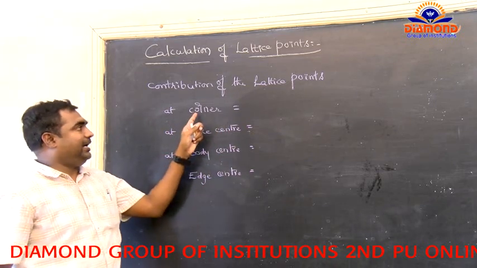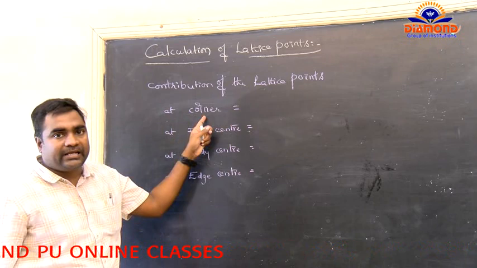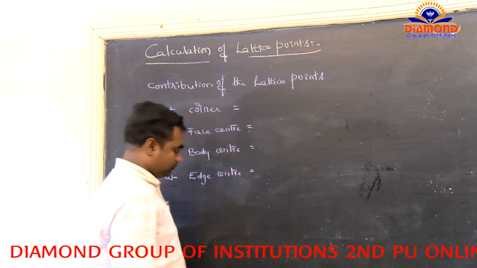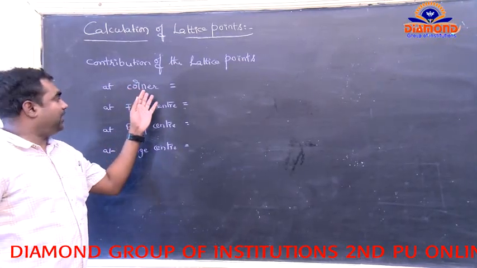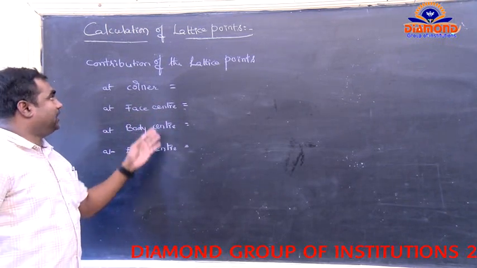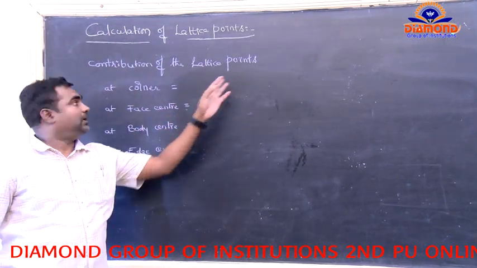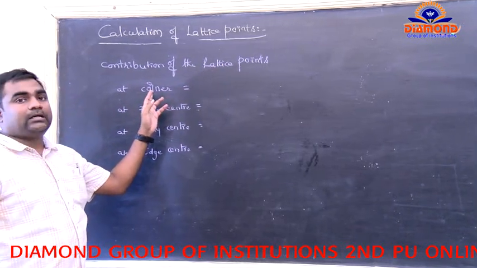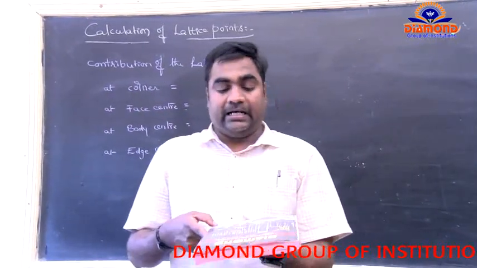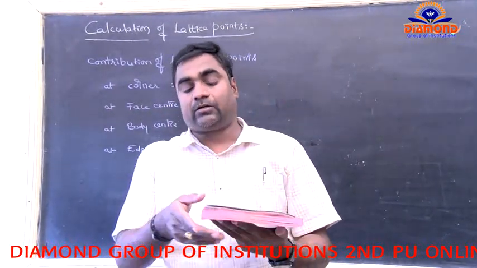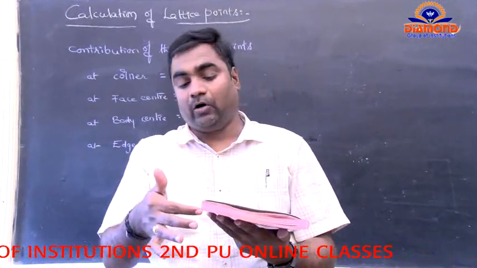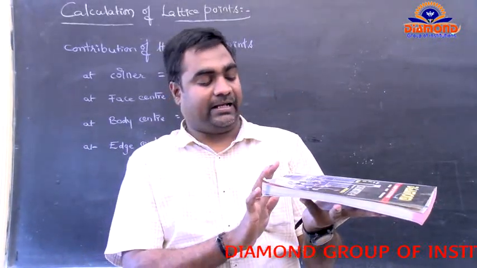Now, how many corners are present here? A total of 8 corners are present. So what is the contribution of the lattice points? Here is the unit cell, and it has a total of 8 corners: 1, 2, 3, 4, 5, 6, 7, 8.